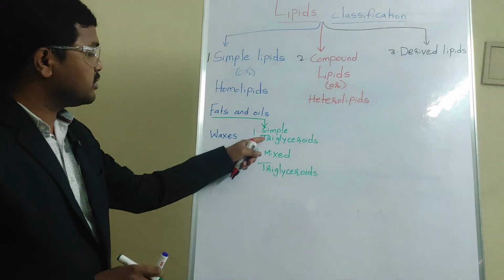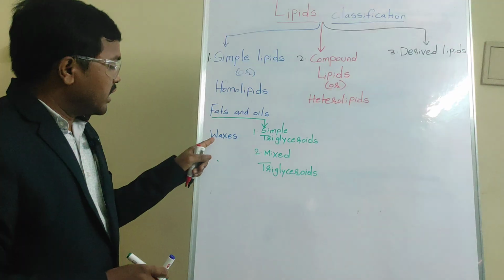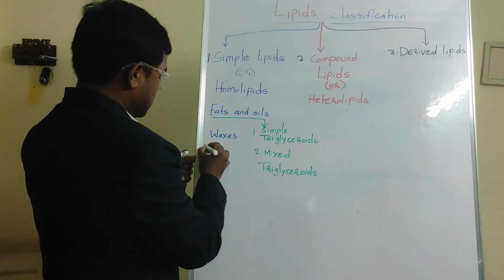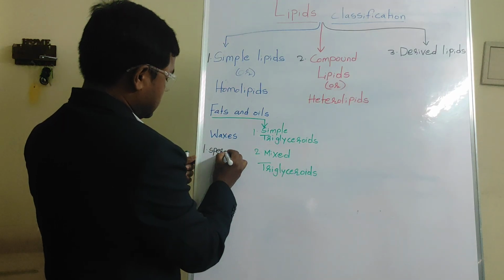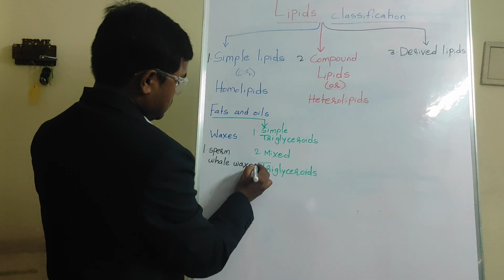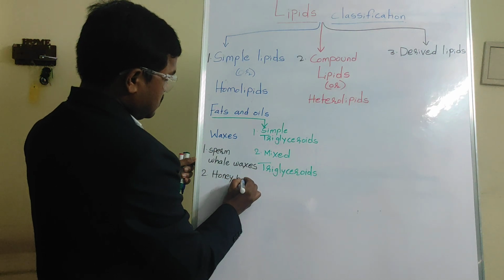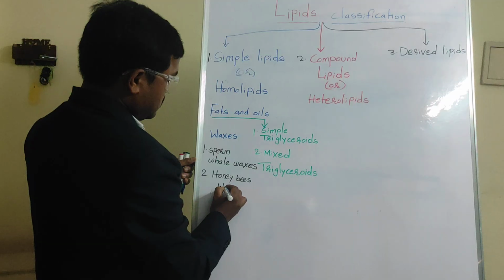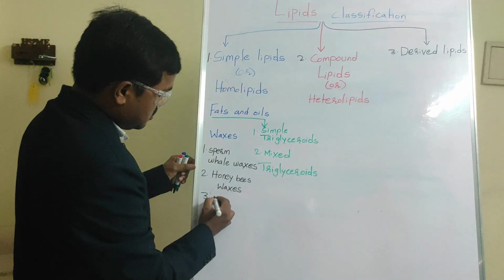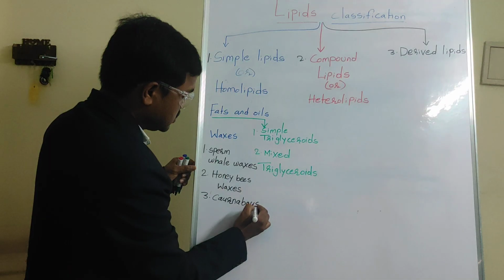Examples for waxes: sperm whale waxes, honeybee waxes, and carnauba waxes.